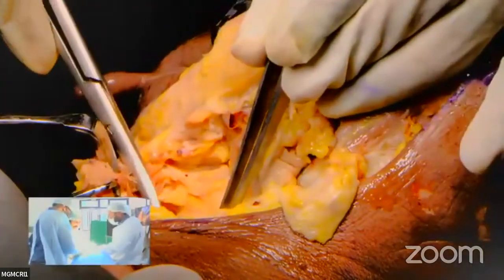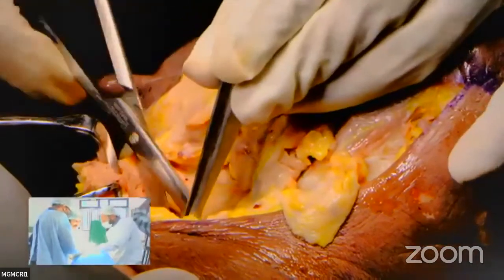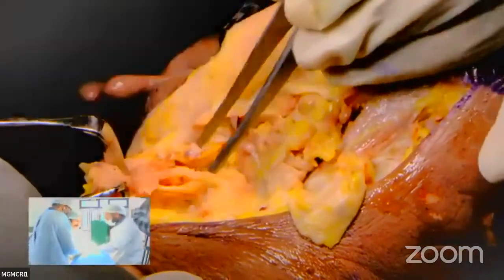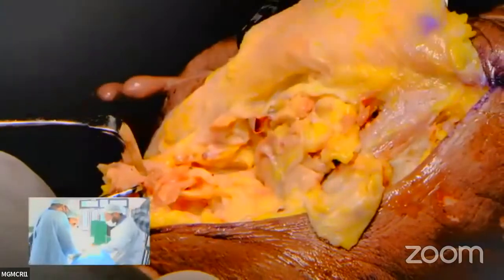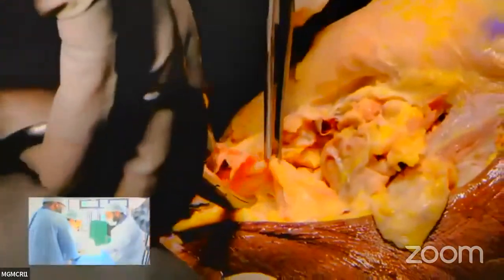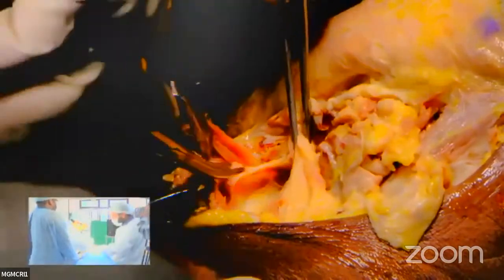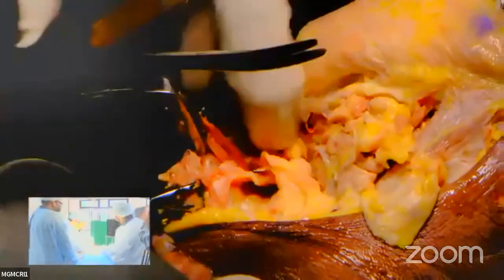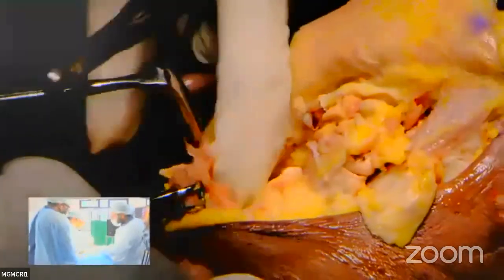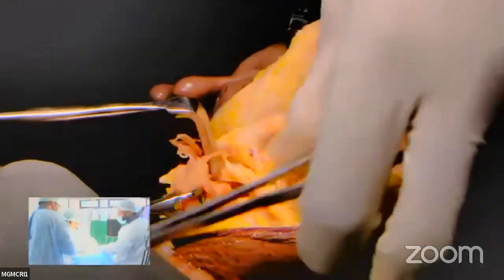Here you're starting to see the internal jugular vein. Internal jugular vein better delineated. Then you enter into our triangle of interest. This is the triangle of interest. You come up.